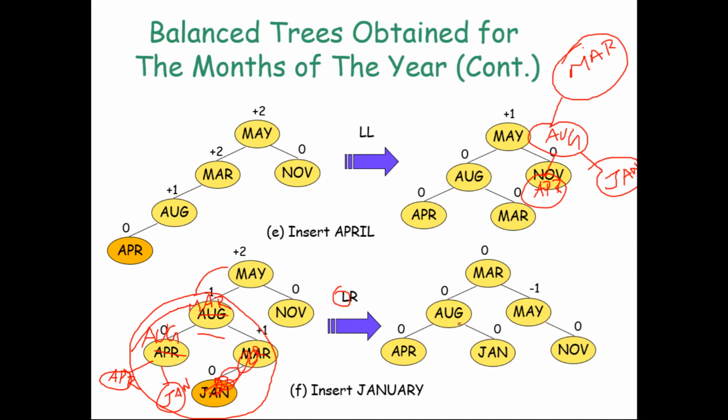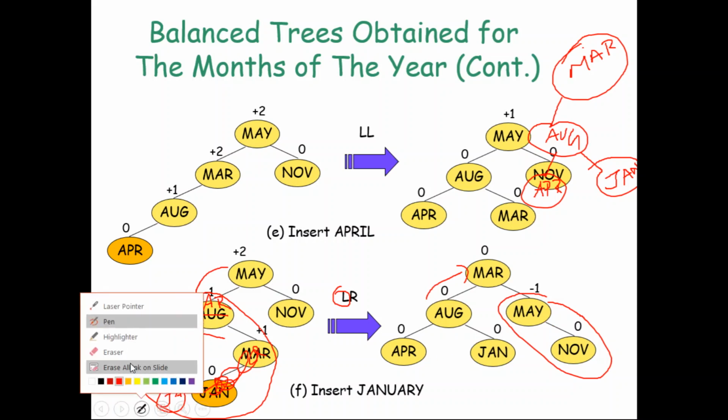So this is the resultant tree. March will come to the top, and May will be its right child, and November is the right child of May, and August, April, Jan remain as they are here.